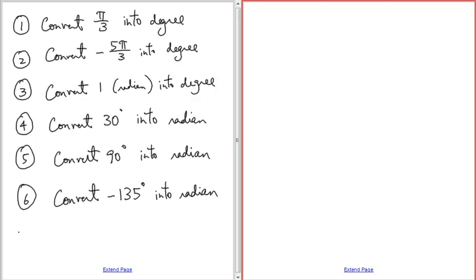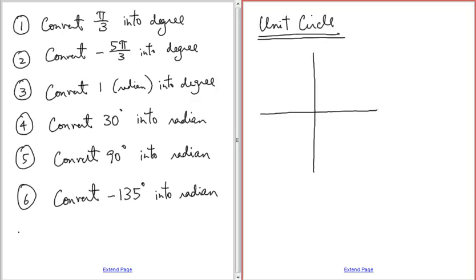Let's take a look at the unit circle. Well, what would be the unit circle? We will have the x-axis and y-axis. And this time, we will make the pole, the OP, equal to 1.